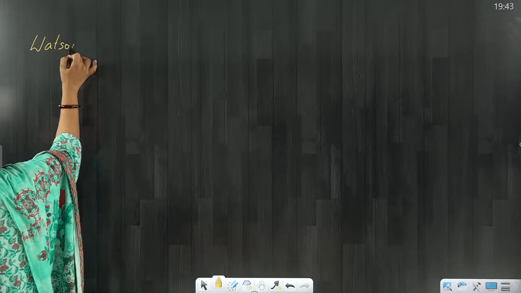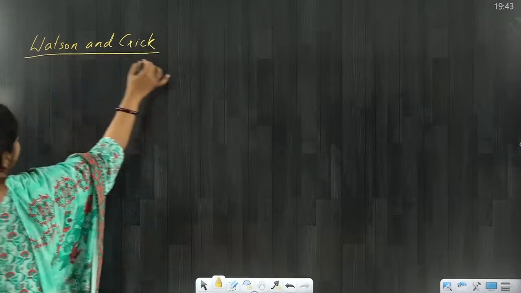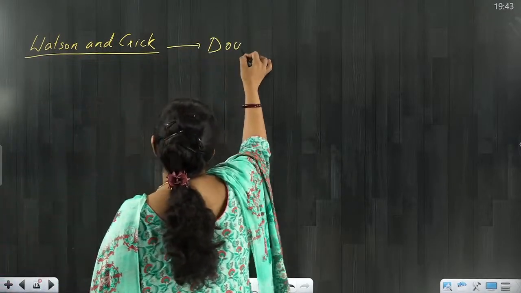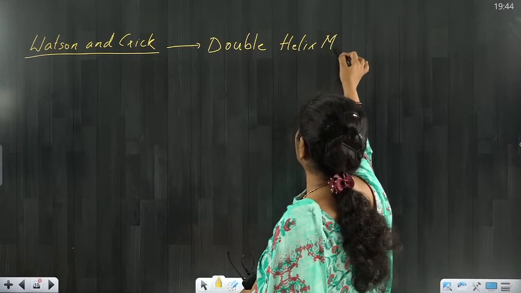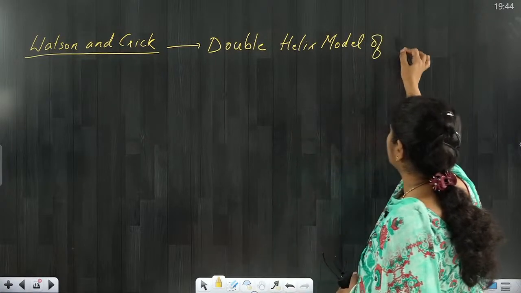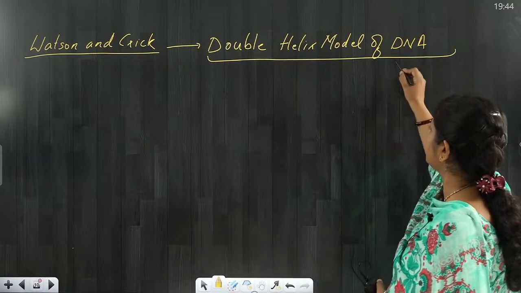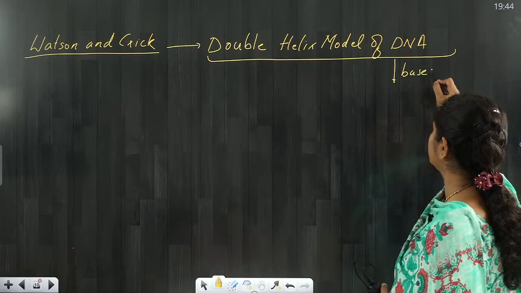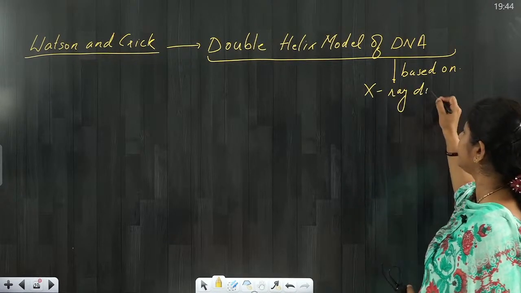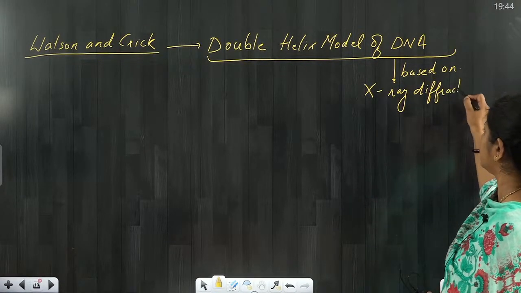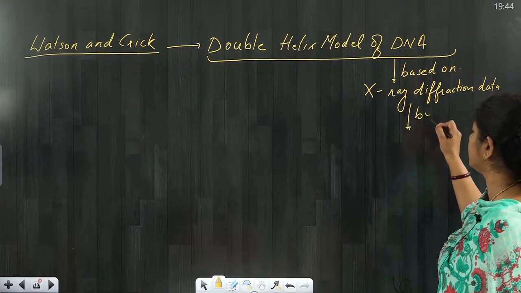According to Watson and Crick, the double helix model of DNA, one more thing you should know, is based on X-ray diffraction data given by 2 famous scientists.